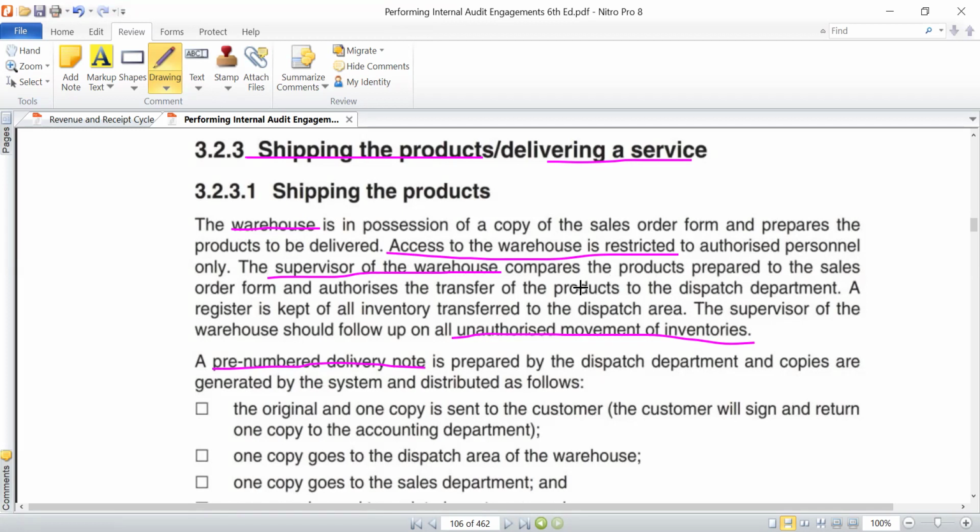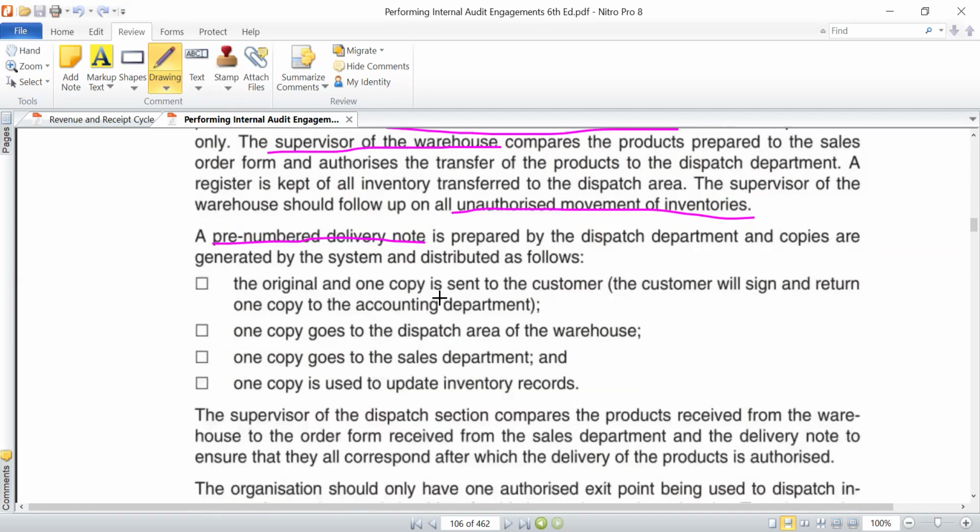And not only does this person conduct such processes, but we also need to have somebody who's independent, who performs that supervisory function, and normally it's in the form of a security guard, who is there at the entry and exit point to the warehouse section, monitoring what goods are being taken out of the warehouse and loaded to the trucks, or what goods are being received at the warehouse from the trucks delivered by the supplier. So the security guard performs such functionalities.